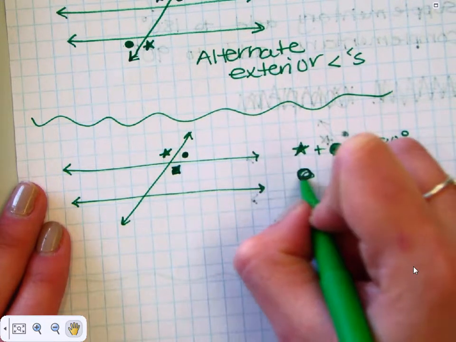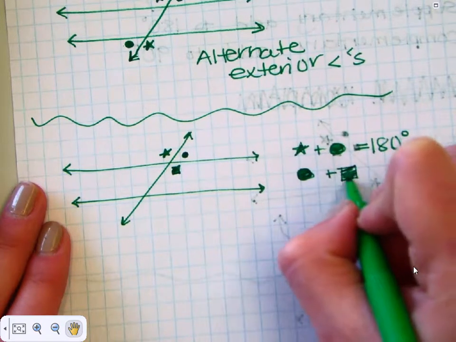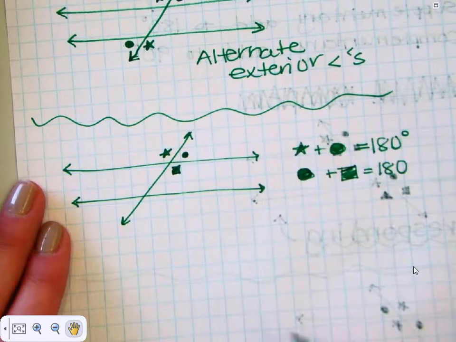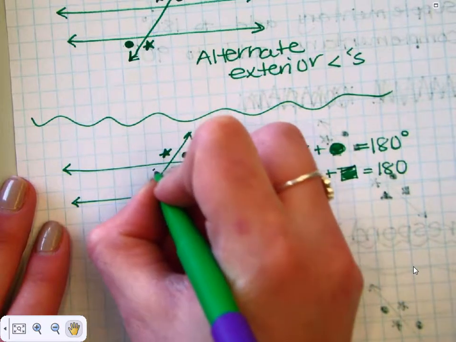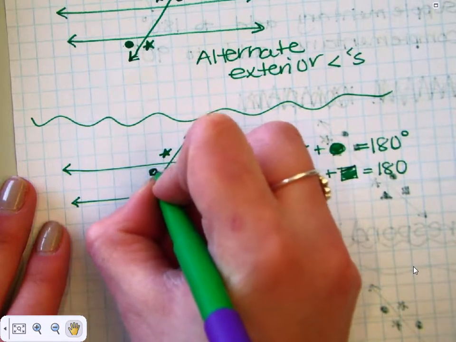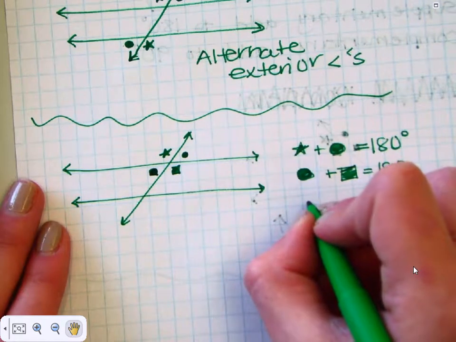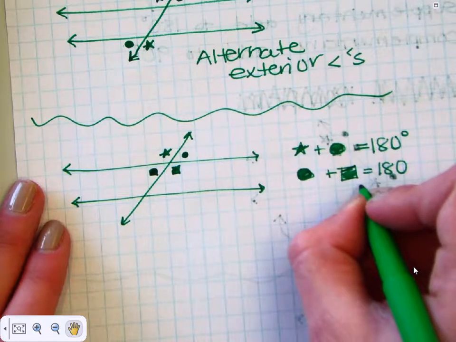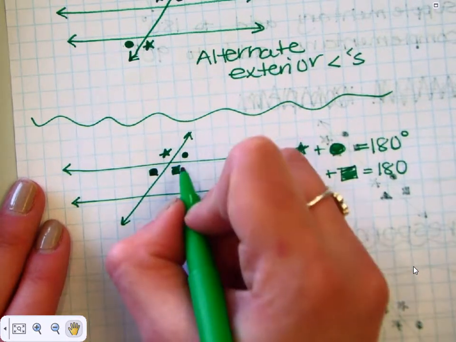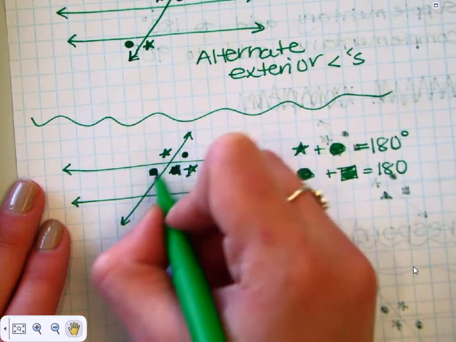So I can also say circle plus square is 180 degrees. And let's see, what's another shape? Triangle. Well, I can make this a circle since these are congruent. And I'm going to make this a star because they are congruent because they're vertical angles.